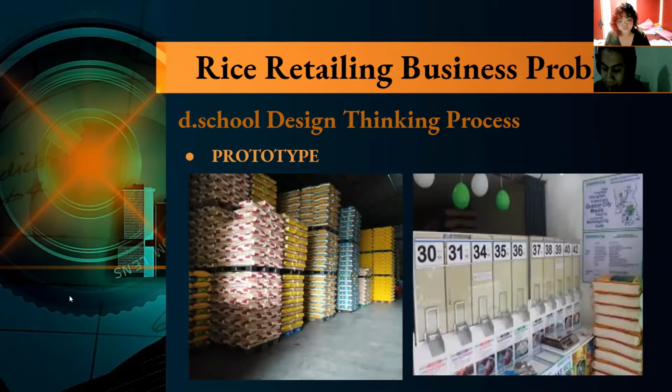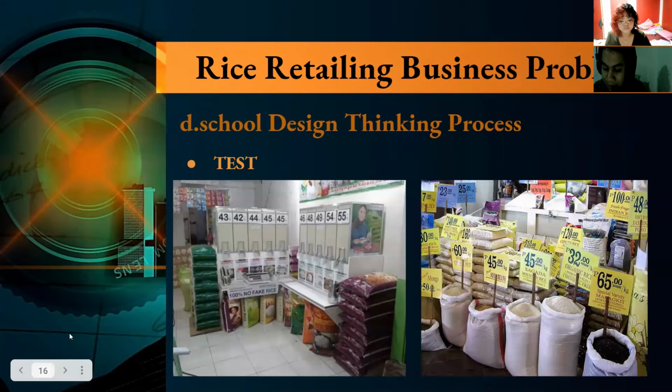After the ideate and define, we proceed to the next stage, the prototype. After we get a new supplier, we can offer a good variety of rice at a reasonable price. Our team also decided to use a rice dispenser in store, which can help to reduce the expenses in manpower in order to have a good profit in the business. The last stage is the test.